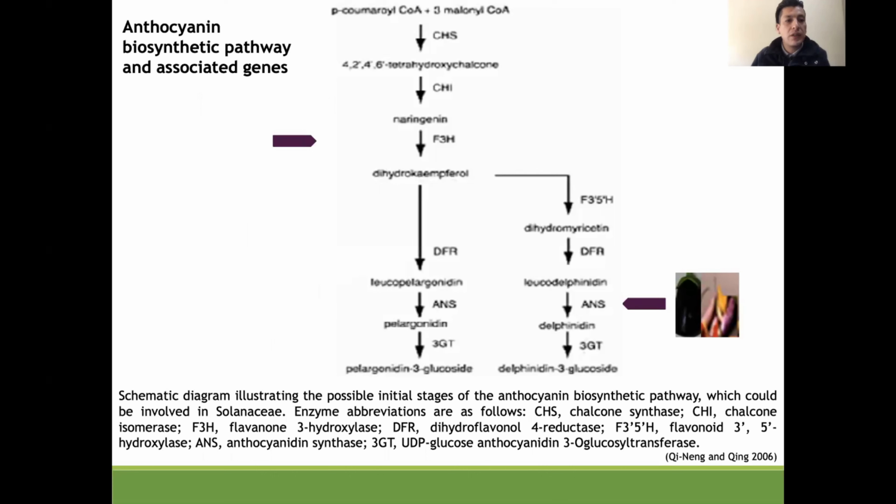Here you can see the anthocyanin biosynthetic pathway. We focus on the F3H gene and the ANS gene. These genes are required for the production of purple pigments.